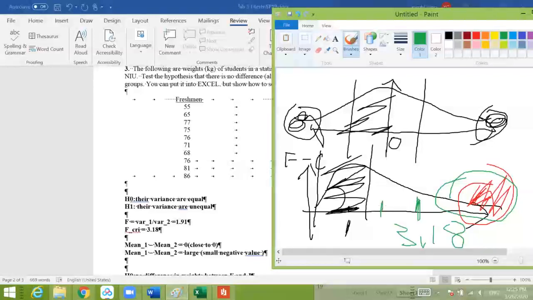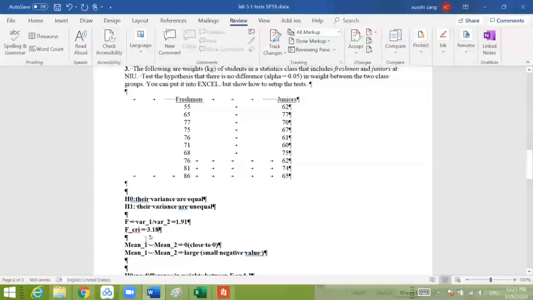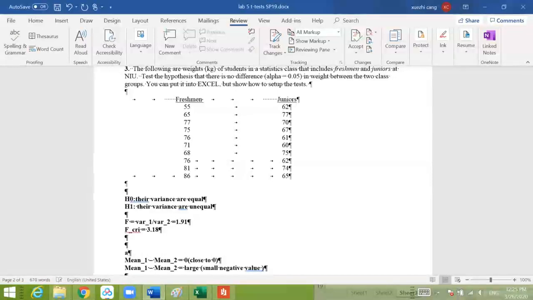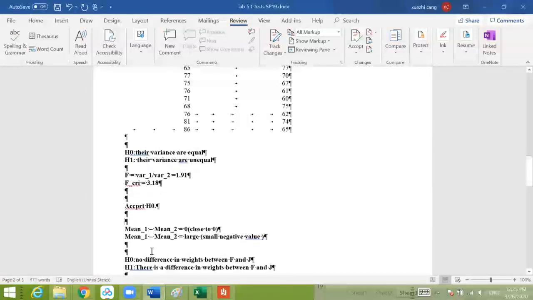So we should accept our H0, accept our null hypothesis. We should choose the t-test equation for the equal-variance situation.